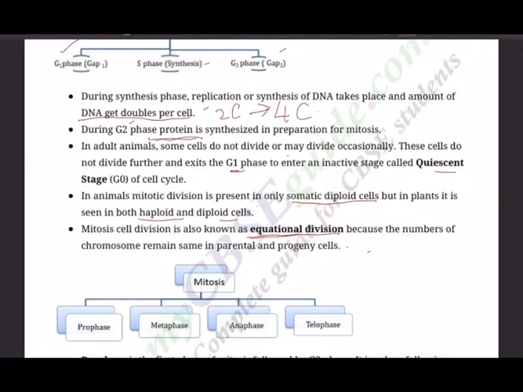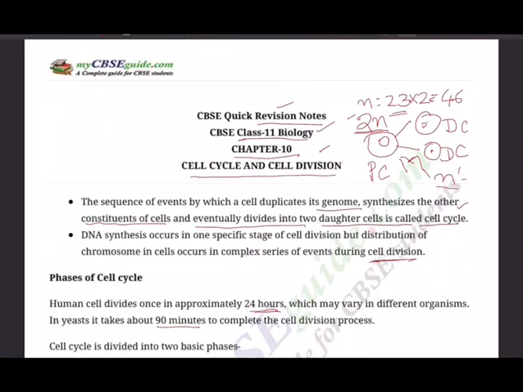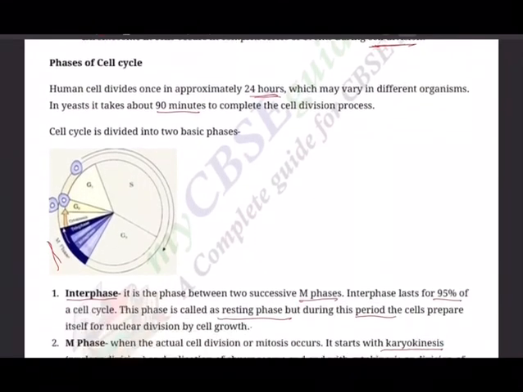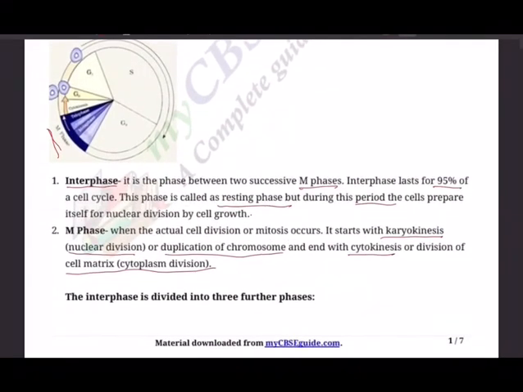Next we need to talk about the M phase, when the actual cell division mitosis occurs. It starts with karyokinesis, nuclear division, followed by cytokinesis. So M phase has the characteristic of karyokinesis and cytokinesis.